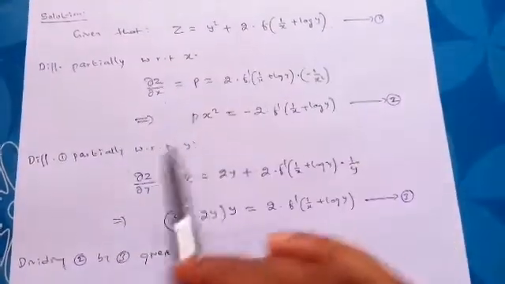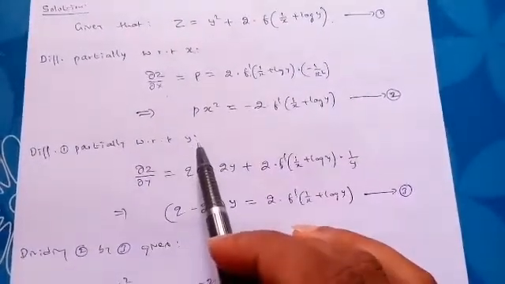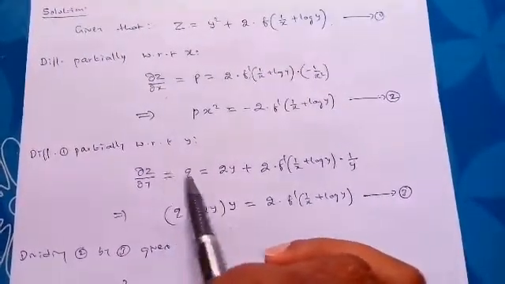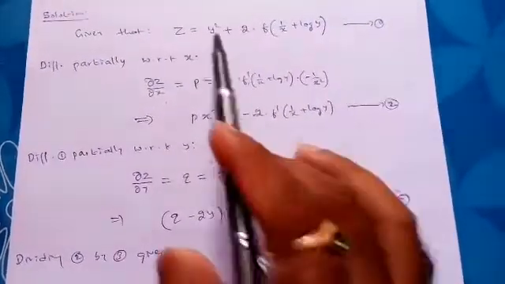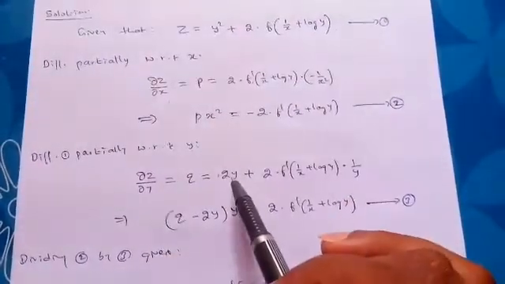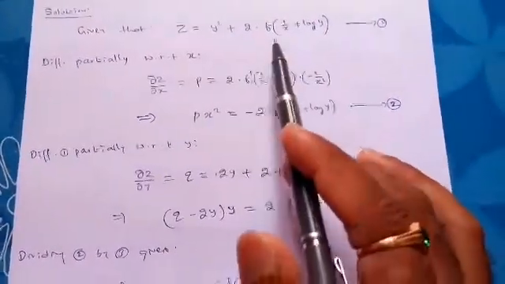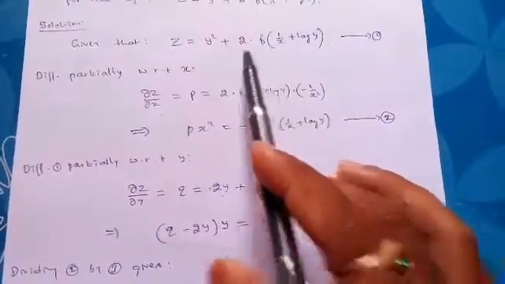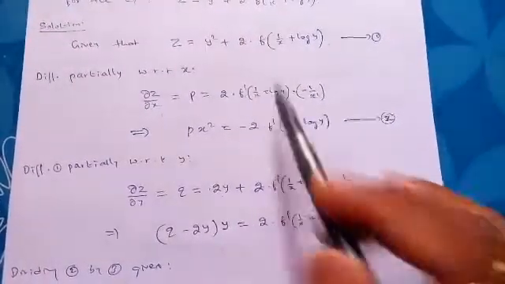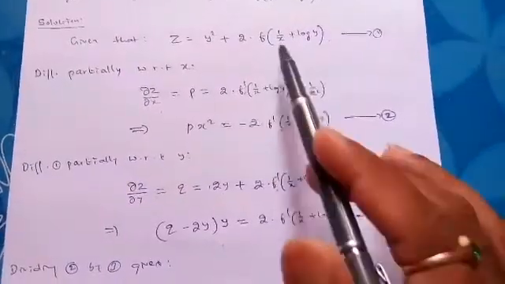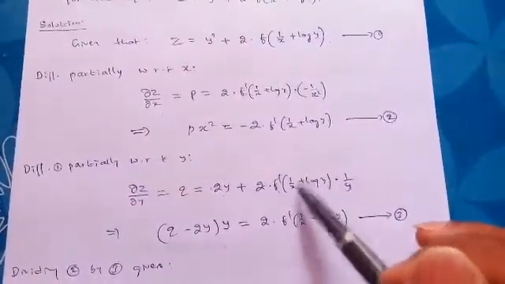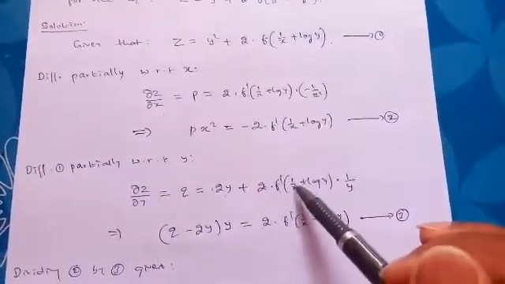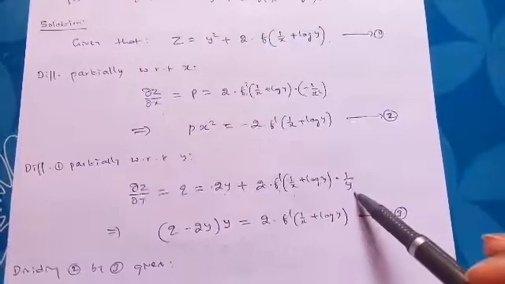Similarly, differentiate the given equation partially with respect to y. So the derivative of z is dou z by dou y, its notation is q, equal to, here y square derivative is 2y, plus, since f involves both the variables x and y, we have to differentiate this one, plus 2 into the derivative of f, f dash, and inside the terms the derivative of 1 by x is 0 because it is constant, and log y derivative is 1 by y.